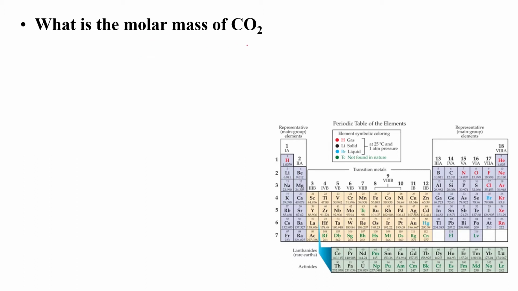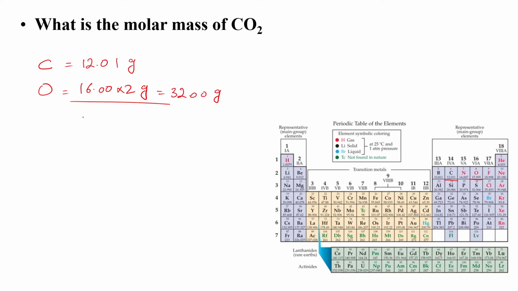Let's do some more practice of finding molar mass. You can do this on your own and then play the video to check your answer. Molar mass of carbon from the periodic table is 12.01. We are going to take up to 2 decimal places. For oxygen, it is 16, right? So 16.00 times 2, so it will be 32.00 gram.